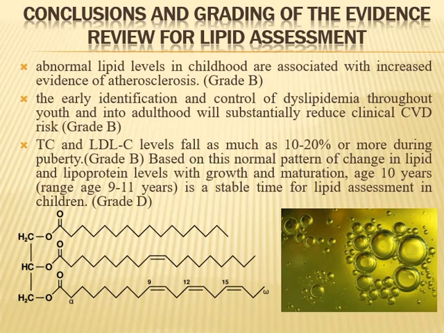TC and LDL-C levels fall as much as 10 to 20% or more during puberty. Based on this normal pattern of change in lipid and lipoprotein levels with growth and maturation, age 10 years, or range age from 9 to 11 years, is a stable time for lipid assessment in children.